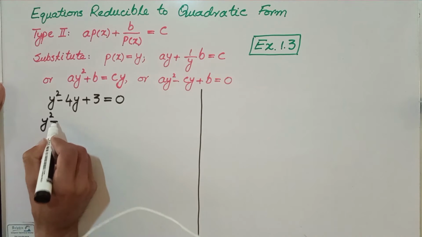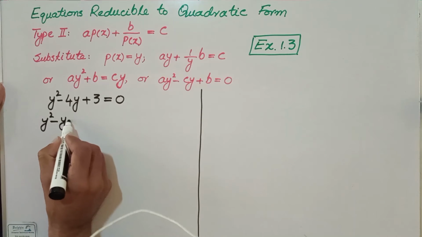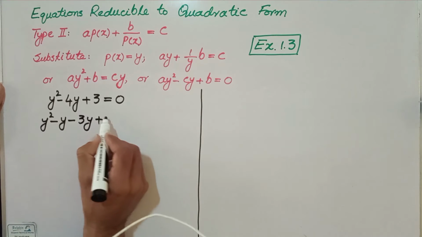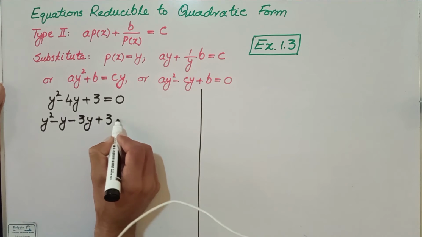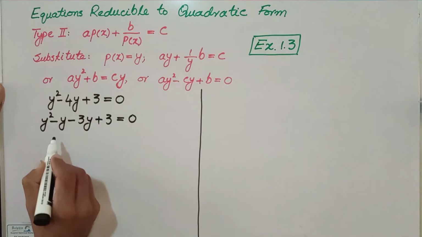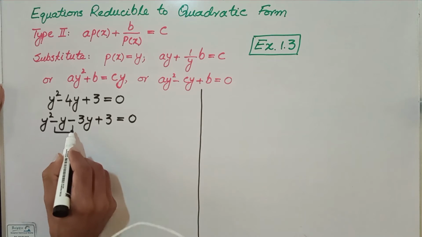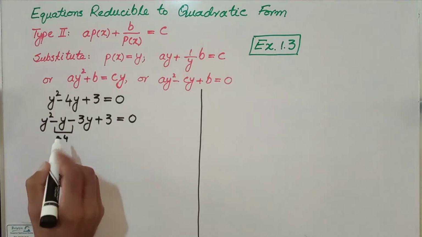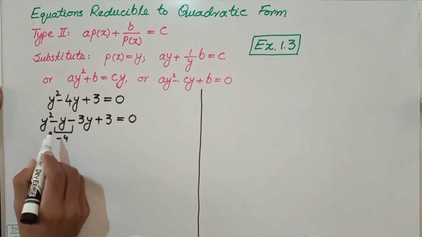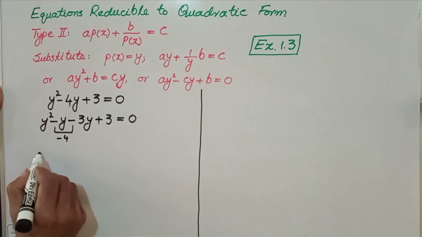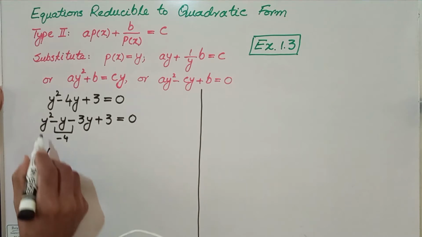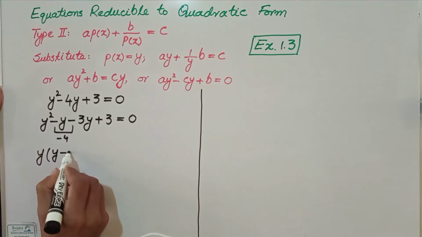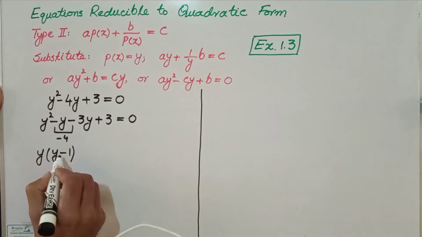Y square minus y minus 3y plus 3 is equal to 0. The product of these two numbers is plus 3 and their sum is minus 4. We'll take y common from these two terms. From here we have y, and from here we have 1, and minus is as it is.